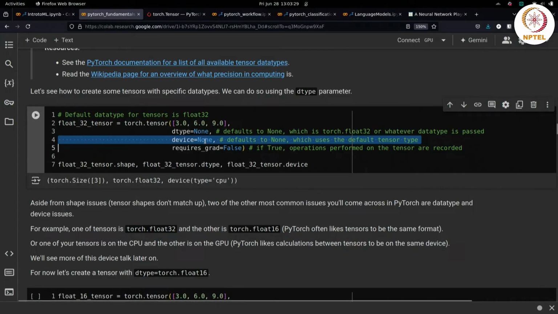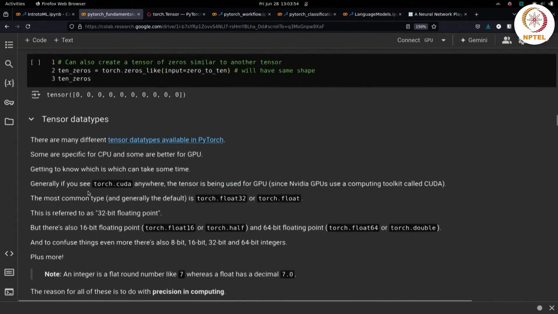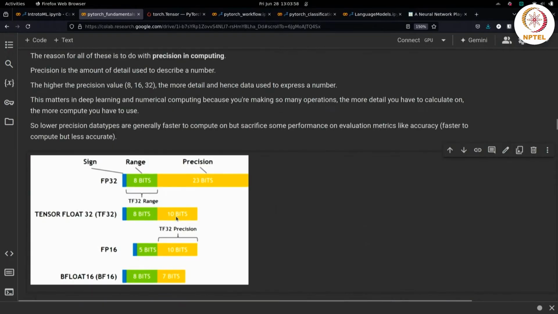And you can specifically mention whether this tensor should be occupying memory on the GPU or on RAM, your CPU, right? If you do not mention anything, by default it will go to CPU. But if you want to mention GPU, you can also do that, right? And torch.cuda is usually the way to do that, right?